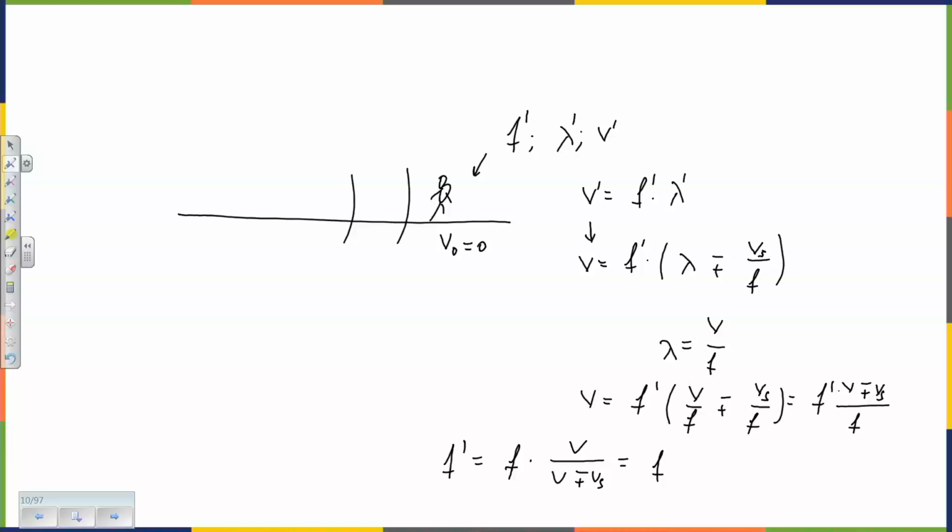Well, some people say simplify, some people say more complicated. We can divide numerator and denominator by V. So this is 1, minus or plus this ratio. So technically what we see, absolute values of speeds don't really matter. For the shift of the frequency, only the ratio matters.